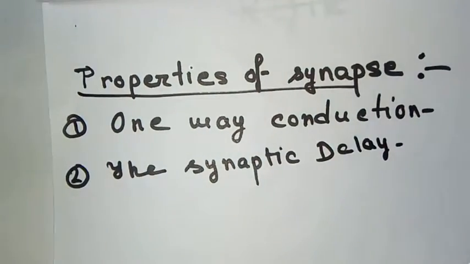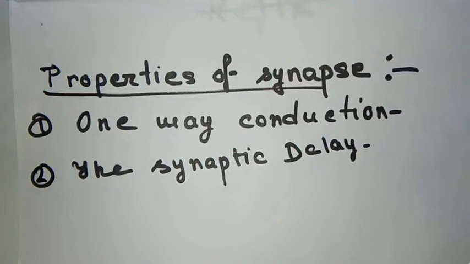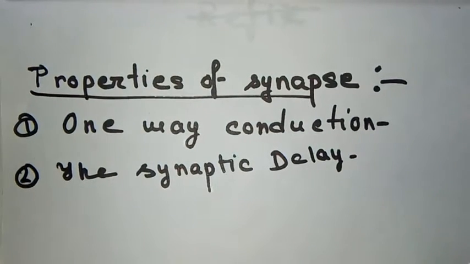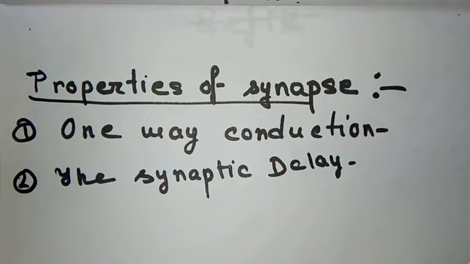It may be caused by the time taken for, number one, release of neurotransmitter; number two, movement of neurotransmitter from the axon terminal to the postsynaptic membrane; and number three, action of neurotransmitter to open the ionic channels in the postsynaptic membrane. So that is the second property of the synapse.